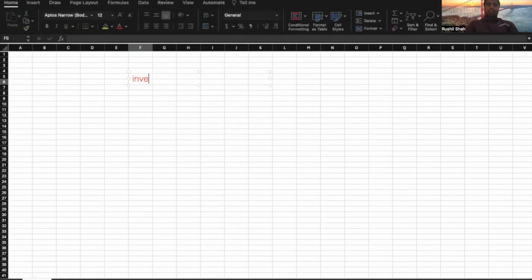Investments are basically when you put money in and accrue interest. That's essentially the income you're going to get.